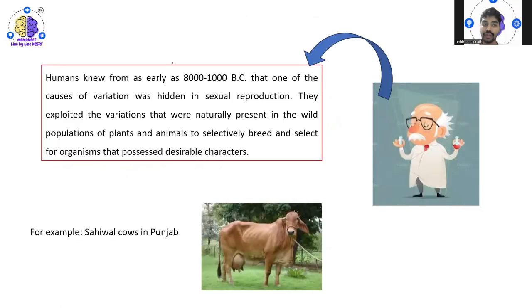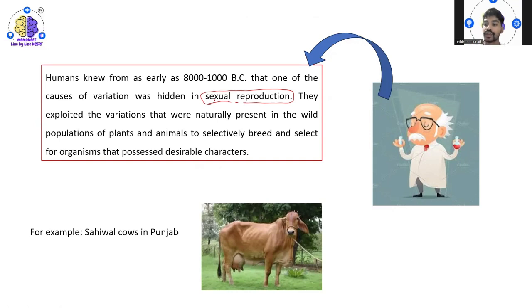Humans knew as early as 8,000 to 10,000 BC, that is before Christ, that one cause of variation was hidden in sexual reproduction. Remember this. They explored the variations naturally present in wild populations of plants and animals to selectively breed organisms that possessed a desired character.